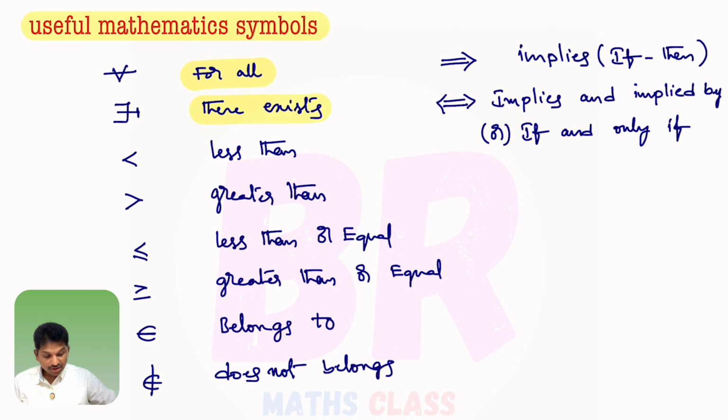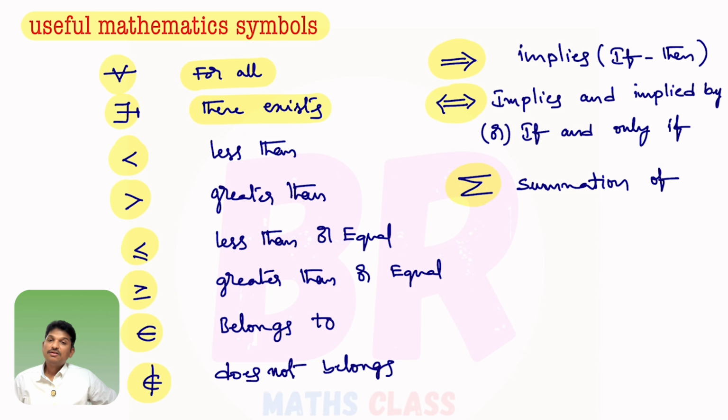Next notation is summation of. This symbol is sigma. Suppose A, B, C are the three variables.